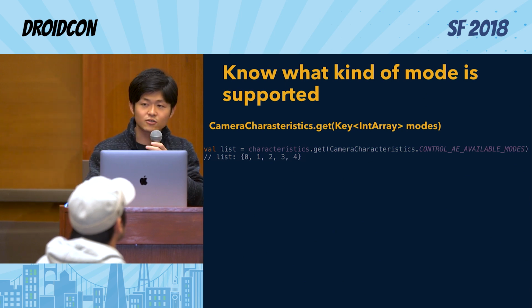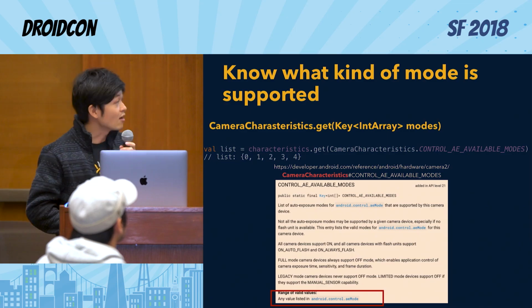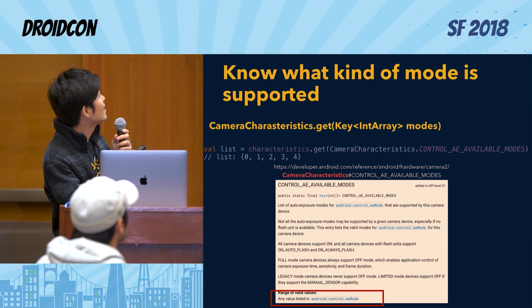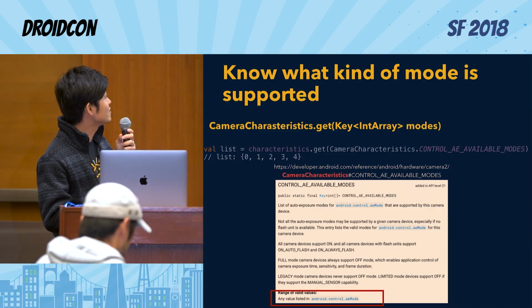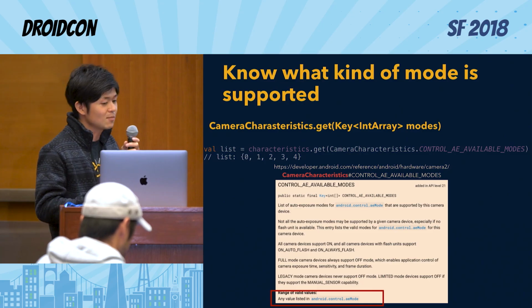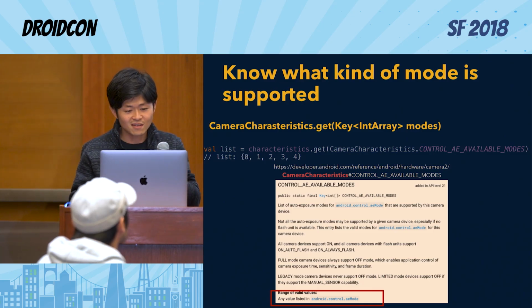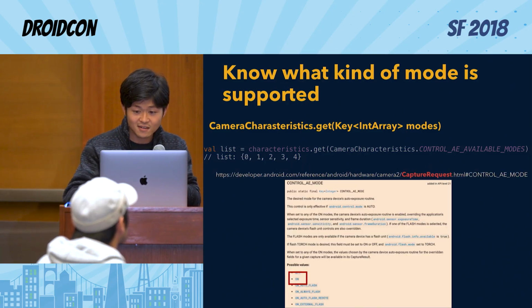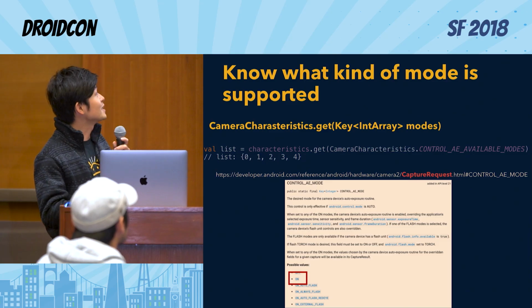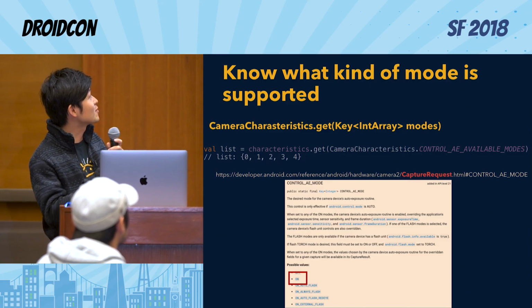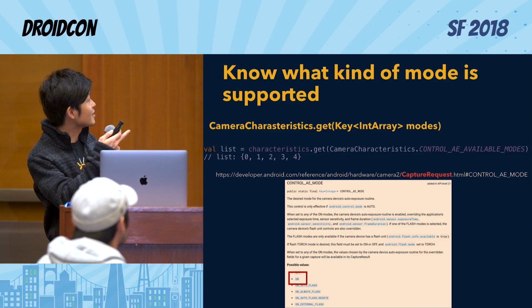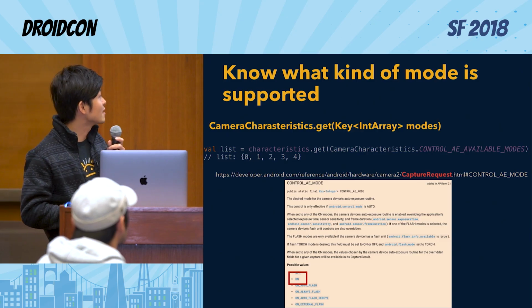So we look at the Android document. In the document, it says any value listed in Android control AE mode. So I just click this one, and then it takes me to the capture request document somehow. And then there's a list of what's been supported.